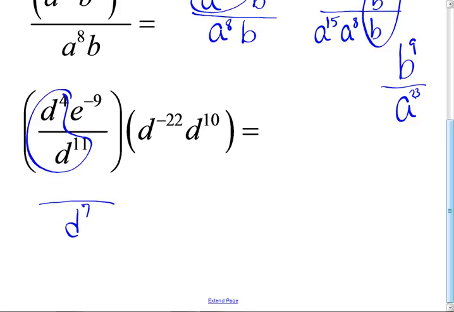That would be 7. Now what about this e to the negative 9? Where should that go? I don't like negatives. So if I don't want that negative, it has to change positions. So it's e to the 9. And what's still in the numerator? Joey? What's going to be in the numerator?